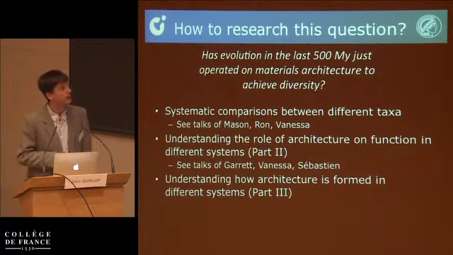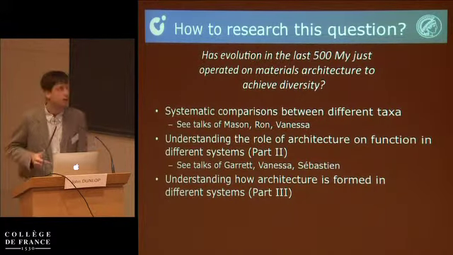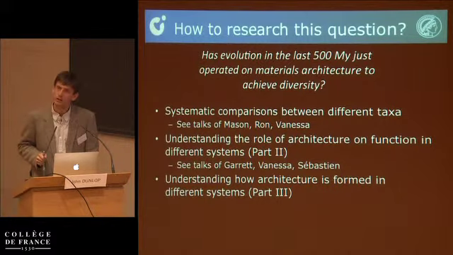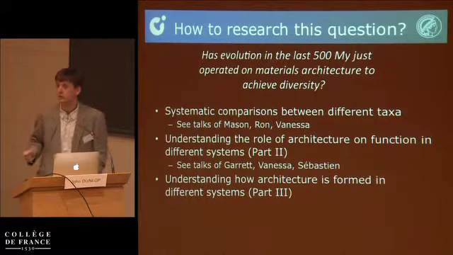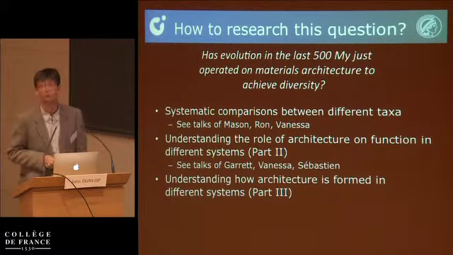Vanessa's going to be talking about architectures that you find in a group of plant species. And basically, what's interesting about this work is they're really comparing in an almost systematic way, or in a very carefully chosen way, differences in material architecture between different species, between different groups.